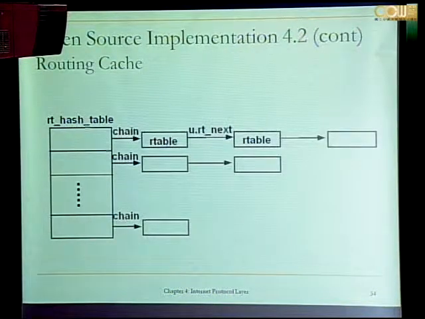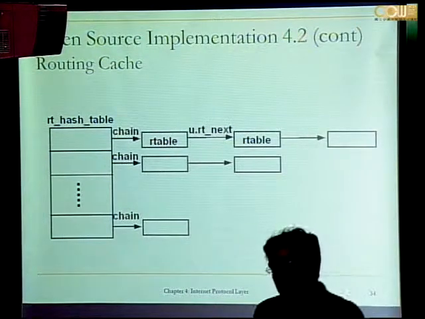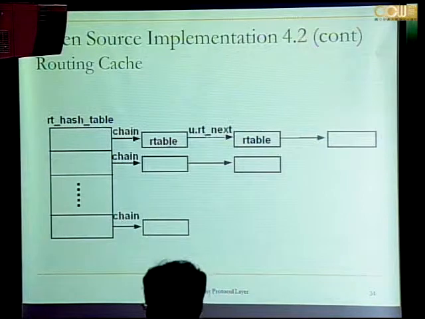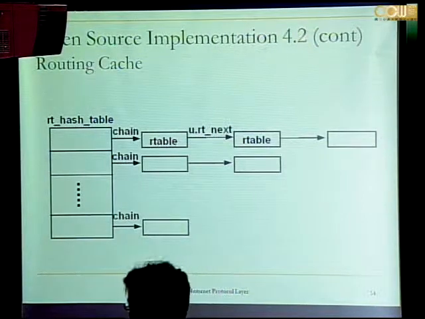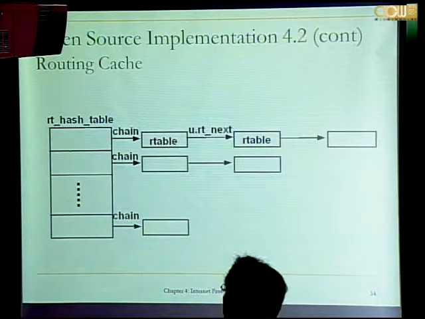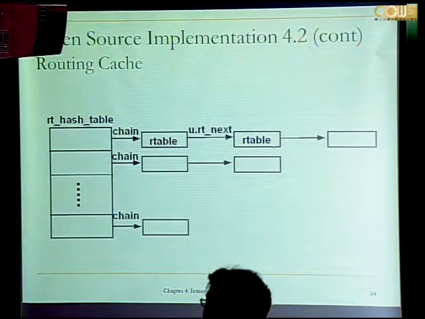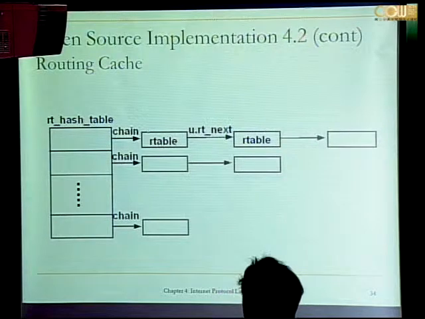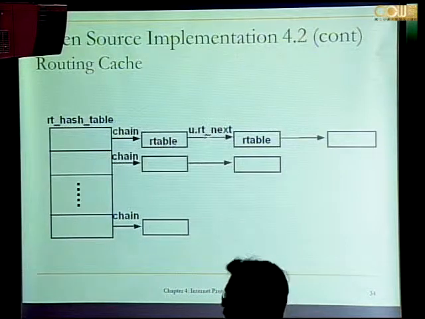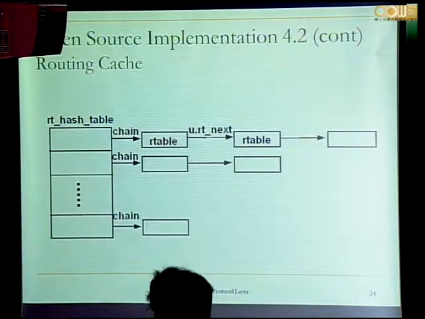Essentially, both the routing cache and the FIB are implemented as hash tables. However, the routing cache is just a simple hash table, but the FIB table is an array of hash tables. It's not just one hash table, but an array of hash tables.